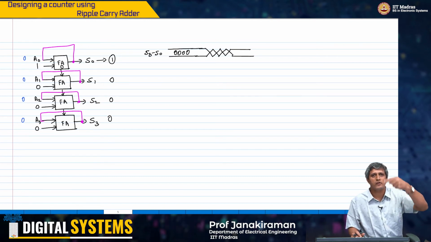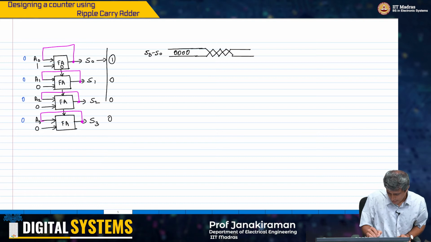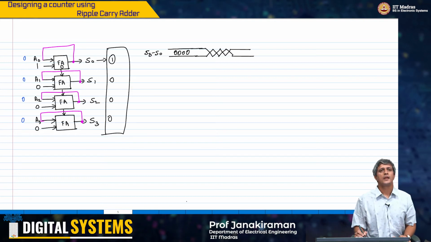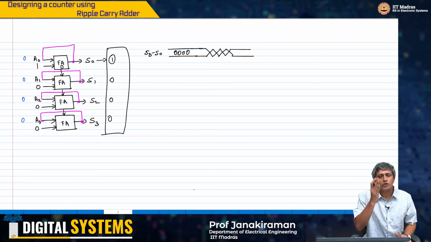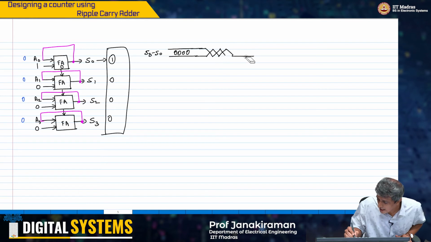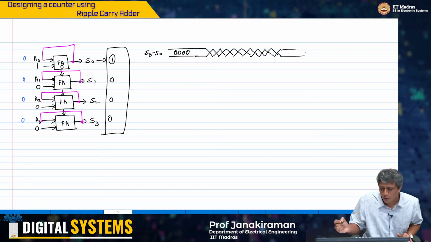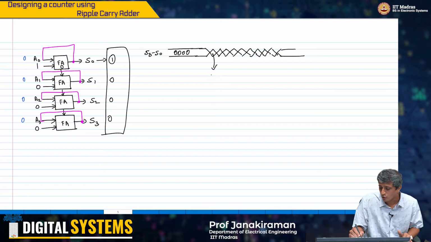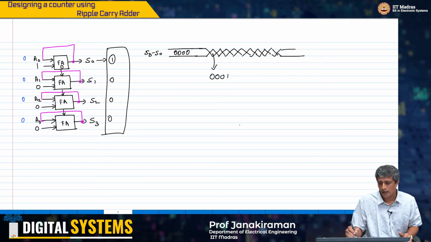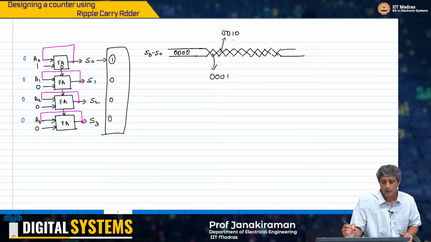So there is a race condition happening on that full adder right away. If you just observe the state, it will be impossible to pin down that state to any particular value. It will always be in this transition period. Somewhere here it may go through 0, 0, 0, 1, or here it may go through 0, 0, 1, 0, and so on.